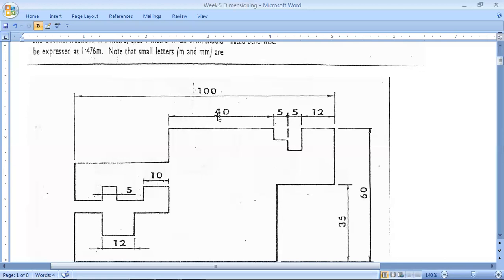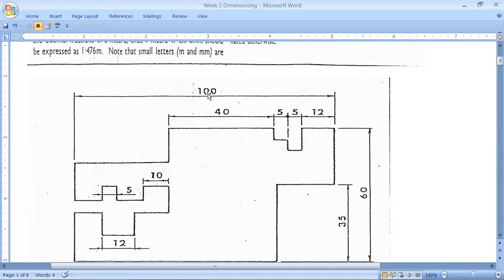You have to maintain the same height for the rest of them. You're not supposed to have this number big and this number smaller in size. All of them have to maintain the same size. That is for the text value.